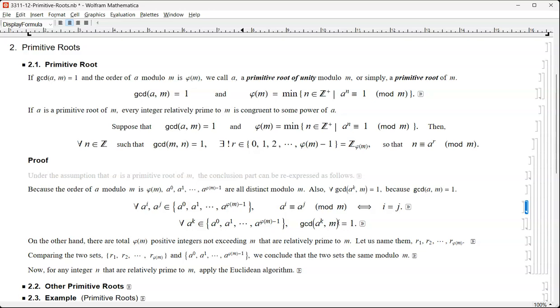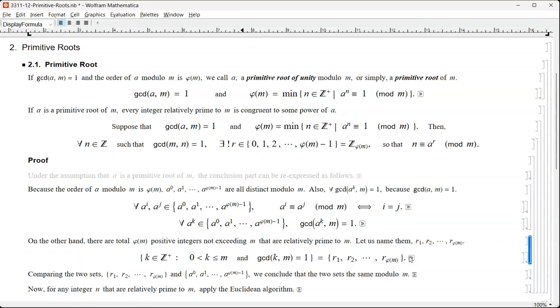Now on the other hand, there are precisely phi of m positive integers not exceeding m that are relatively prime to m. That's the definition of the Euler totient function. So let us rename them r1, r2, r3 up to r of phi of m. You can do that.